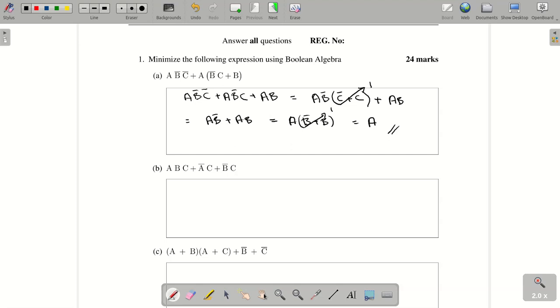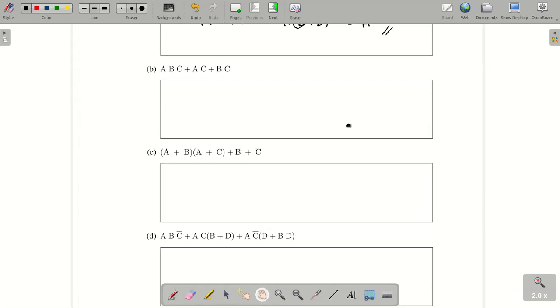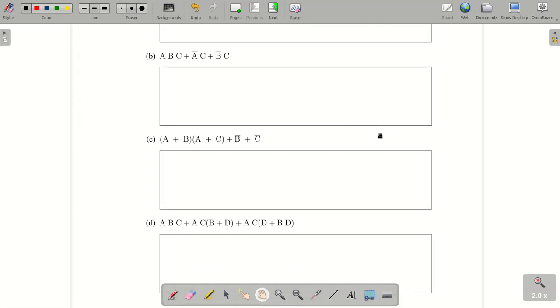Okay, let's move on to the second part. So now we have A, B, C, or A bar C or B bar C. So when we take a look at this, what you can see is that we can do a few different things.